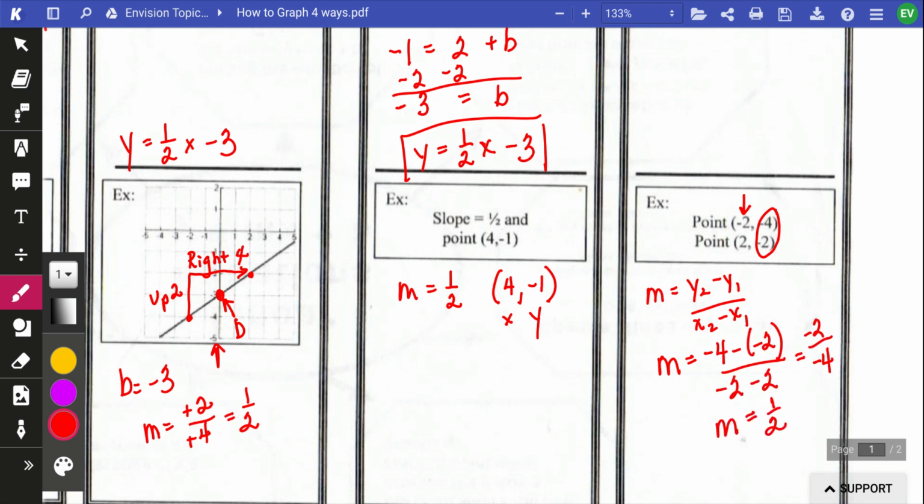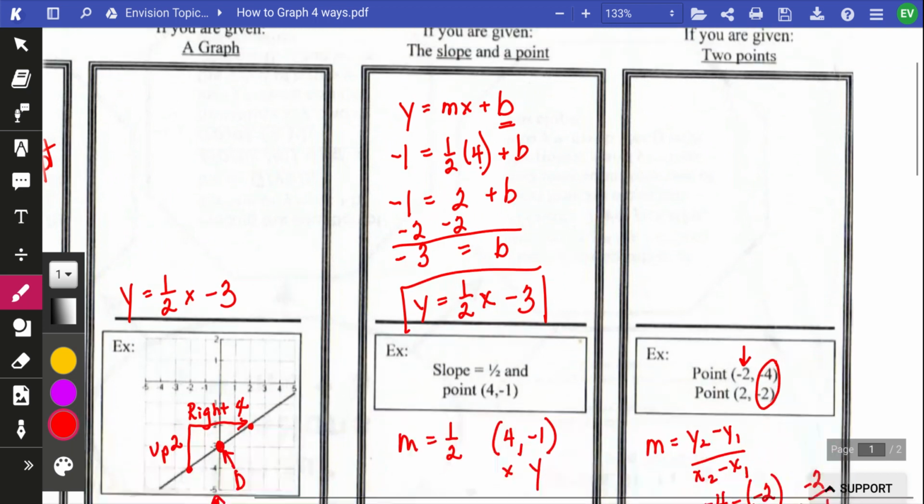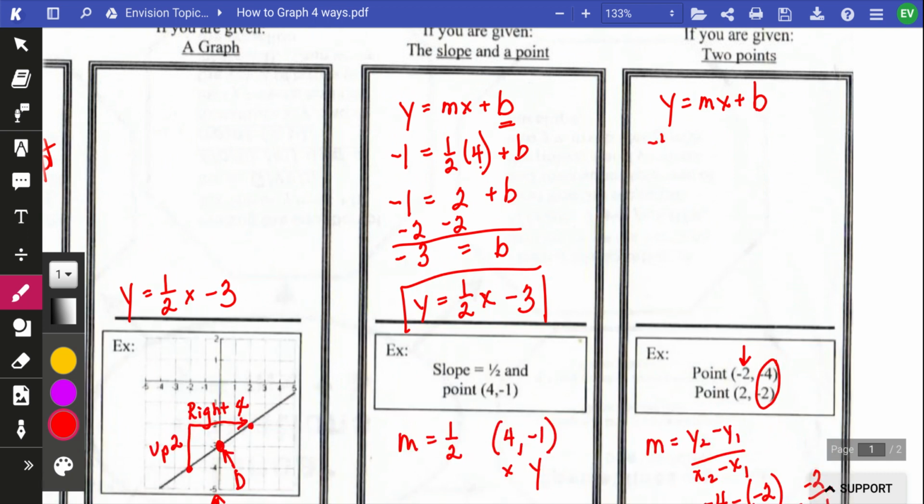So I'm going to use that, and then I'm just going to use the first point, and I'm going to do what I did in the last example. So we have y equals mx plus b. -4 is my y, 1/2 is my slope, and -2 is my x.